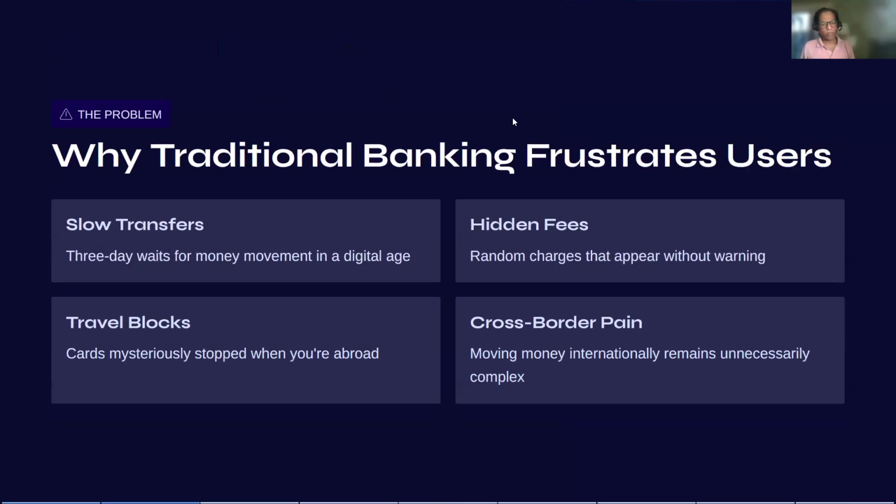See, one of the major challenges of traditional banking is that it is very difficult to send money from one geographic location to another. If we are going to transfer within the same country, then it is easy. But if you want to transfer from one country to another country, it takes a lot of intermediaries.